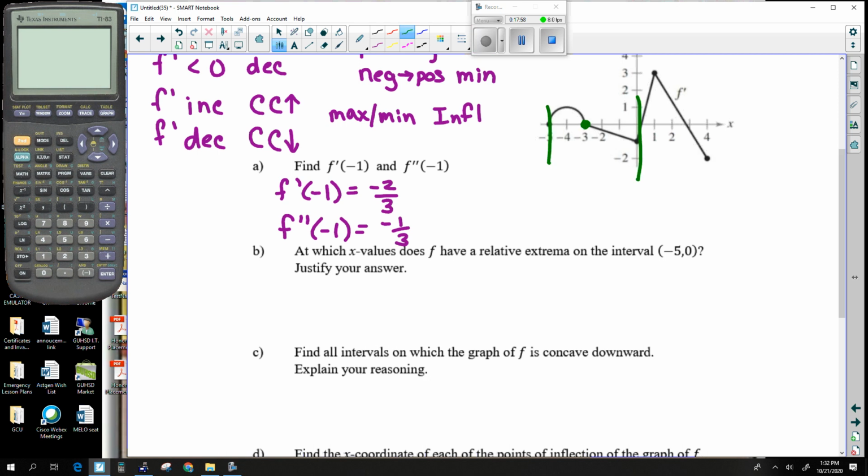So the only place that that takes place is at this -3. Why? Because the derivative switches from positive to negative right there. So this more specifically would be a maximum.